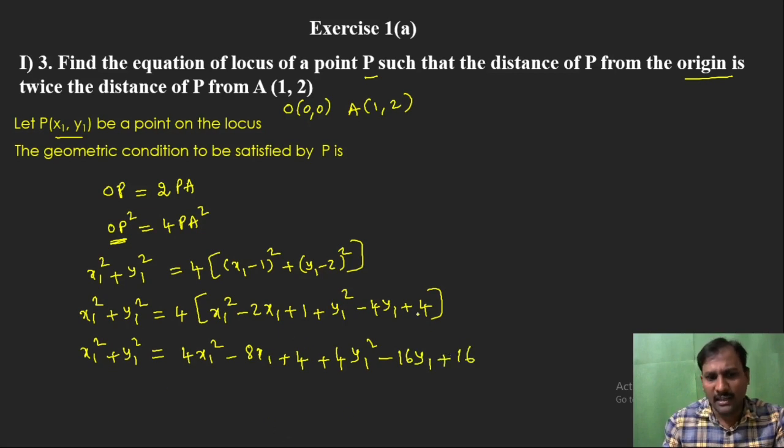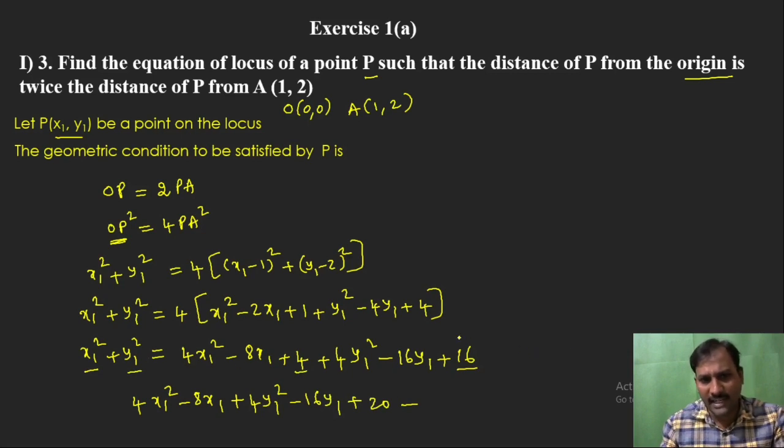So let us bring all the terms to the RHS. You will have 4x1 square minus 8x1 plus 4y1 square minus 16y1, this 4 plus 16 will become 20, minus this x1 square, y1 square. We are transposing to the right side, it will become minus x1 square minus y1 square equal to 0.